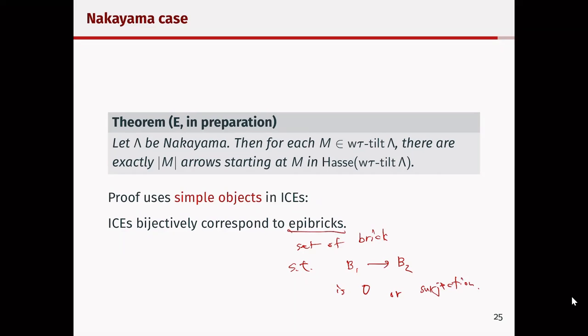So I previously showed that ICE-closed subcategories of a Nakayama algebra are in bijection with such sets of bricks. The proof is based on the combinatorics of bricks of a Nakayama algebra, and is completely different from the hereditary case, but the same thing happens, and I think it's an interesting phenomenon. And I will stop here, and thank you for listening.